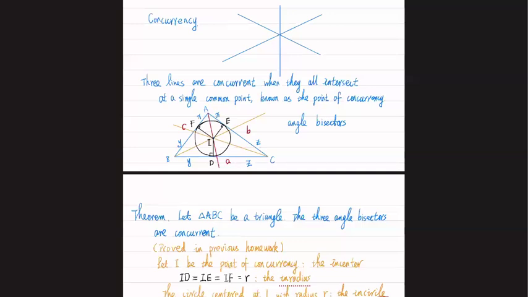Okay, so let's look at this triangle, triangle BCI. The base is A, the height is the radius. What's the area of this triangle?